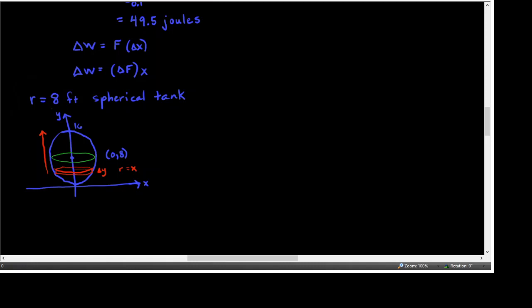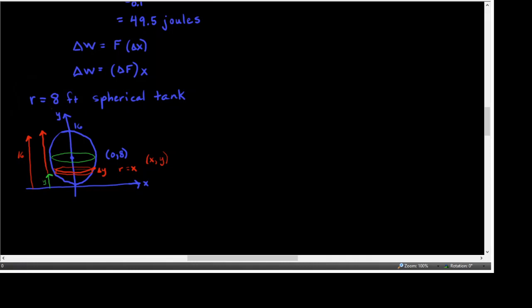And of course, the distance from the x-axis to the top of the tank is always 16. If this ordered pair right there, where the cylinder of oil is touching the edge of the tank, has coordinates x, which is where we got the radius from, comma y, then the distance from the x-axis to that level is our value of y.